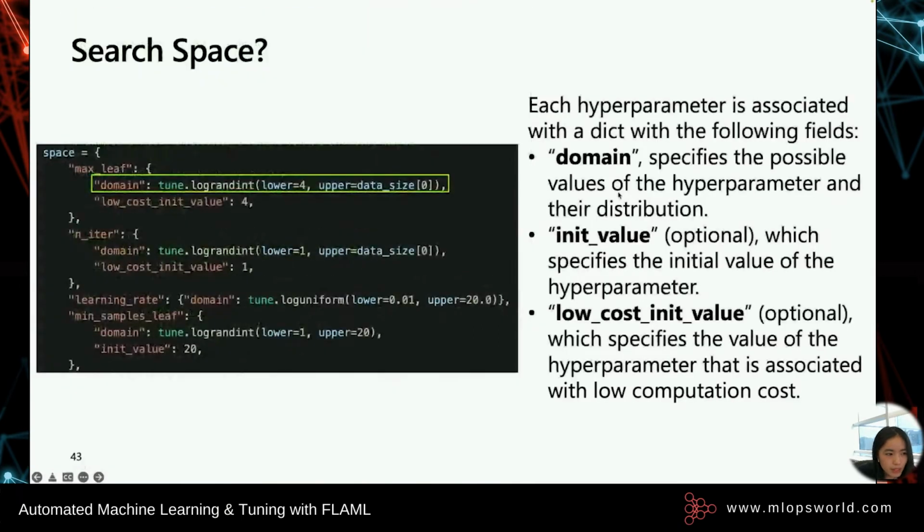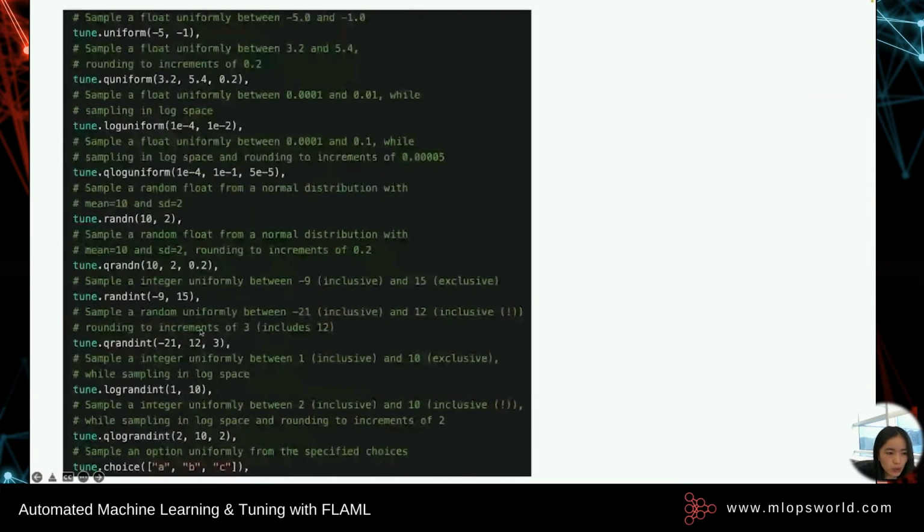For example, this specific domain called log_rand_int means that I want to randomly sample an integer between this lower limit and the upper limit, and I want to sample in a log scale. So here I'm attaching all the commonly used types of domains. For example, the vanilla uniform sampling within a particular range.